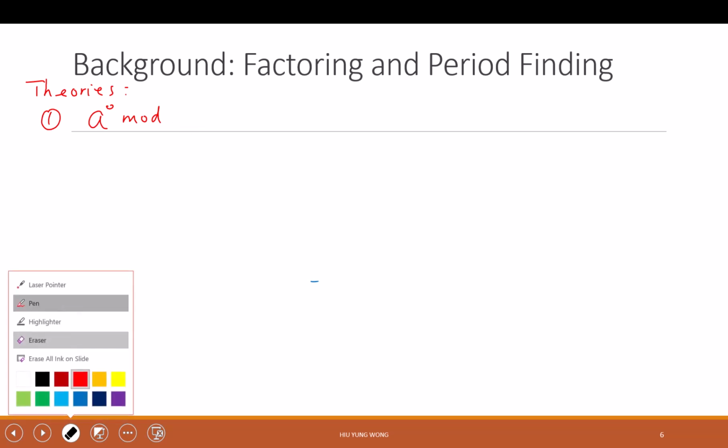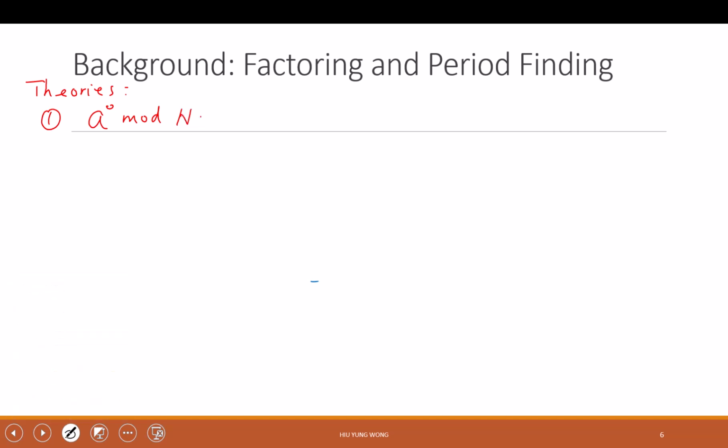We just had an example, right? A to the power 0 is what? 1. 1 modulus any number larger than 1 is what? 1, right? 1 divided by any integer except 1 has a remainder equal to 1. 1 over n equals 0 times n plus 1. So equal to 1, I wrote it already.